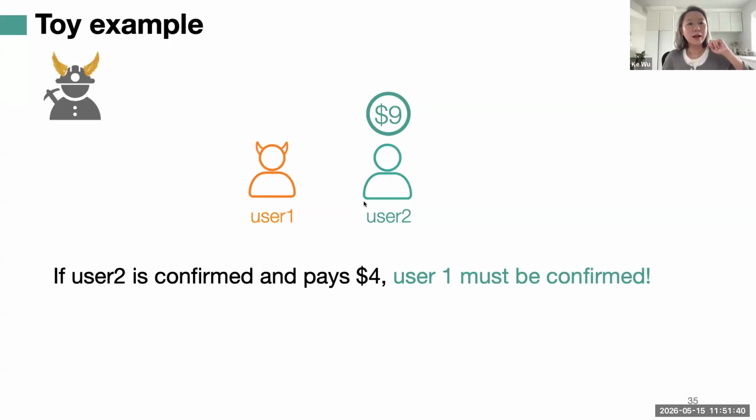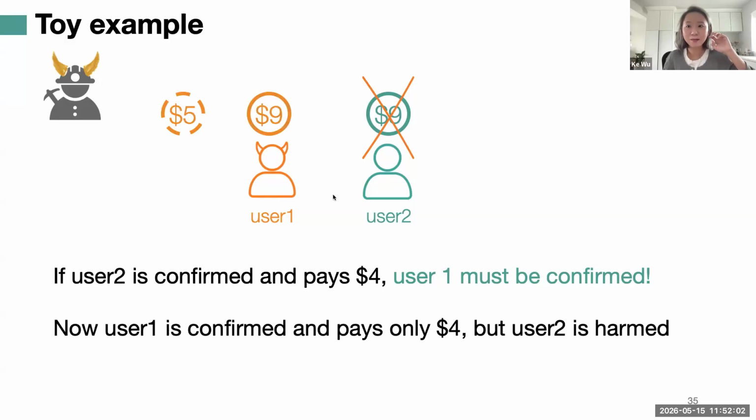Why is that the case? So if user 1 is not confirmed, which makes sense because our block size is only 1, this user 1 can just collude with the miner. Now the miner is going to censor user 2's bid, just pretending that I did not see this one. We're going to have user 1 bid 9. So this user 1 pretty much impersonates user 2 in the honest case, and they inject a fake bid 5, just pretending to mimic the same input bid vector as in the honest case.